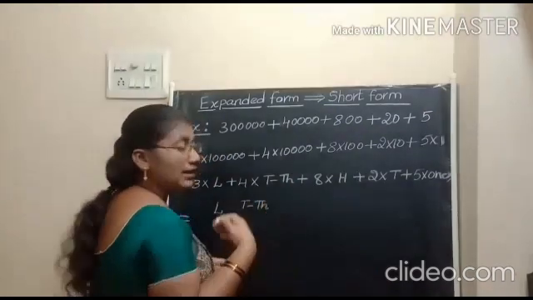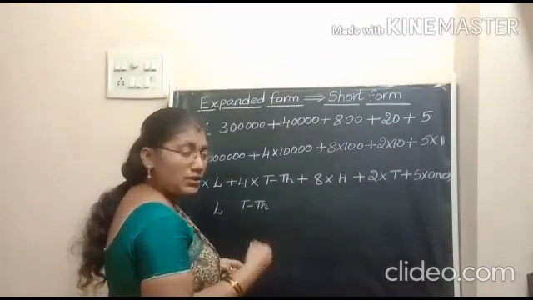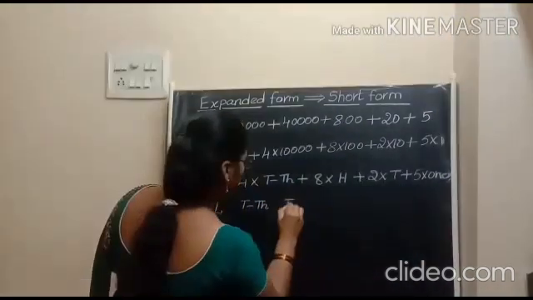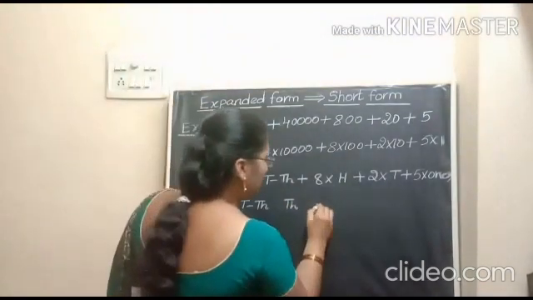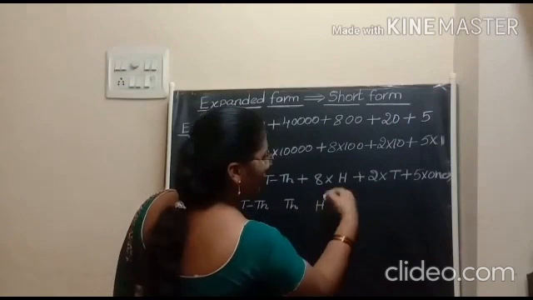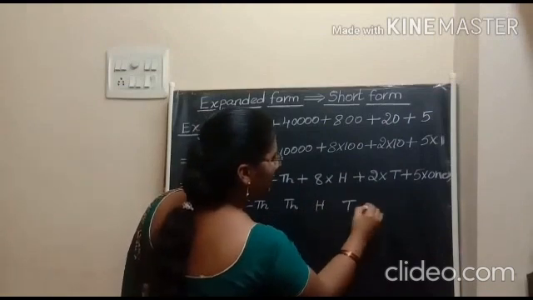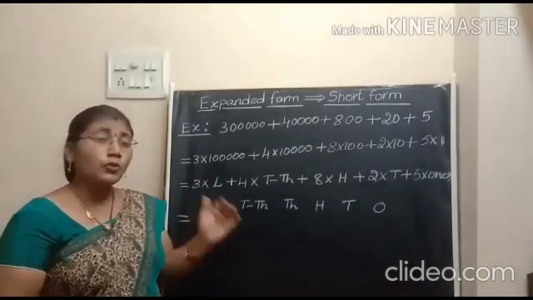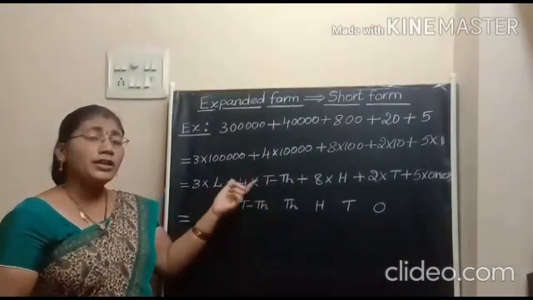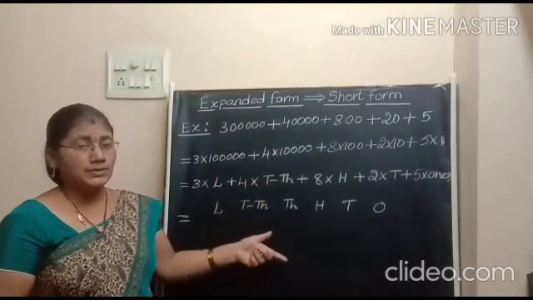Next place is thousands. Next place is hundreds. Next, tens and ones. Now, we have to arrange the corresponding digits in their places.